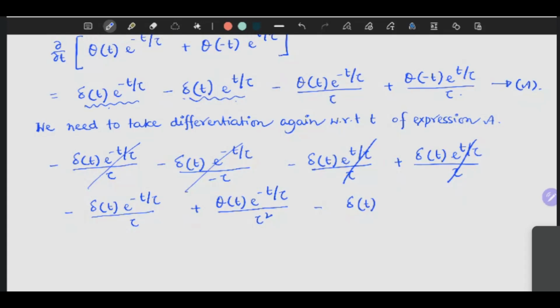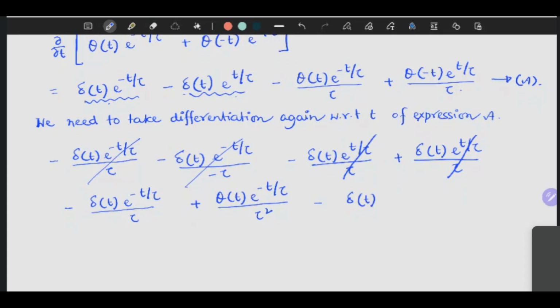So here the first term becomes delta t minus delta t e to the power t by tau, tau square, sorry tau, and then theta of minus t e to the power t by tau, tau square.